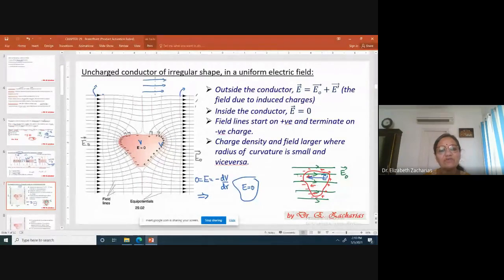Wherever the radius of curvature, I hope you know what's the radius of curvature. For a plane, what is the radius of curvature? For a plane, what's the radius of curvature? Anyone? Or for a lens, what is the meaning of radius of curvature? Anyone?